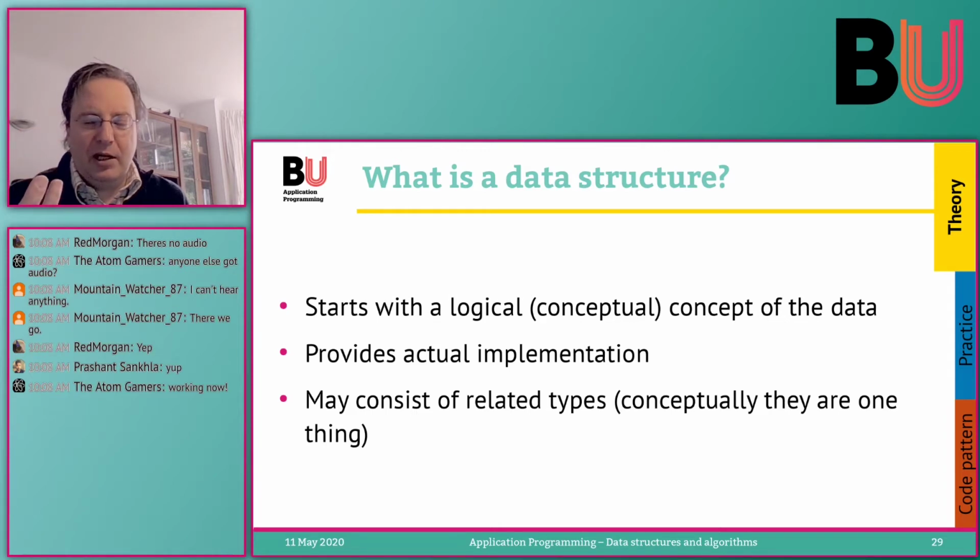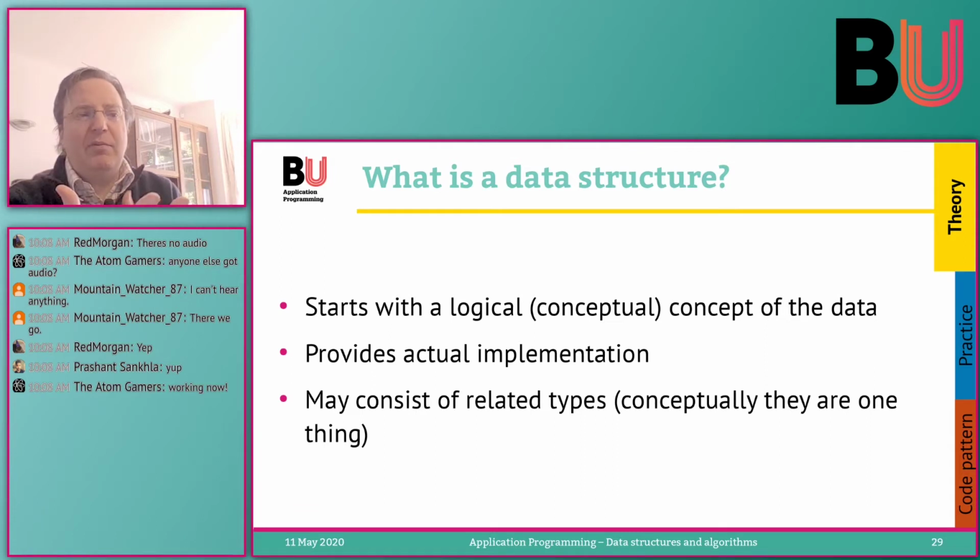Like in our assignment, the dots and box game and the line and the box classes are all working together to make things work. Same thing like the player, computer player, and human player. They are related. They work together in a sealed class anyway, but they work together to make things work, and they are also, of course, related to the dots and box game, because it works with players, but they are not necessarily part of the same data structure.